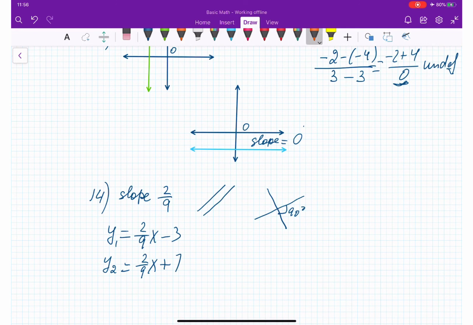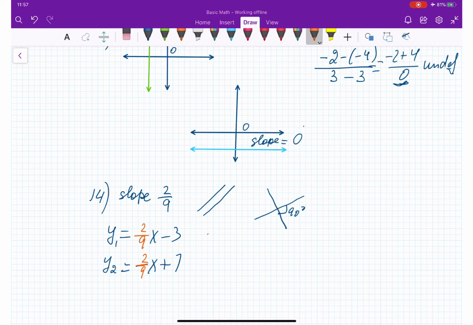Since the slope is the same, 2 over 9, then I can insist that these two lines are running parallel.